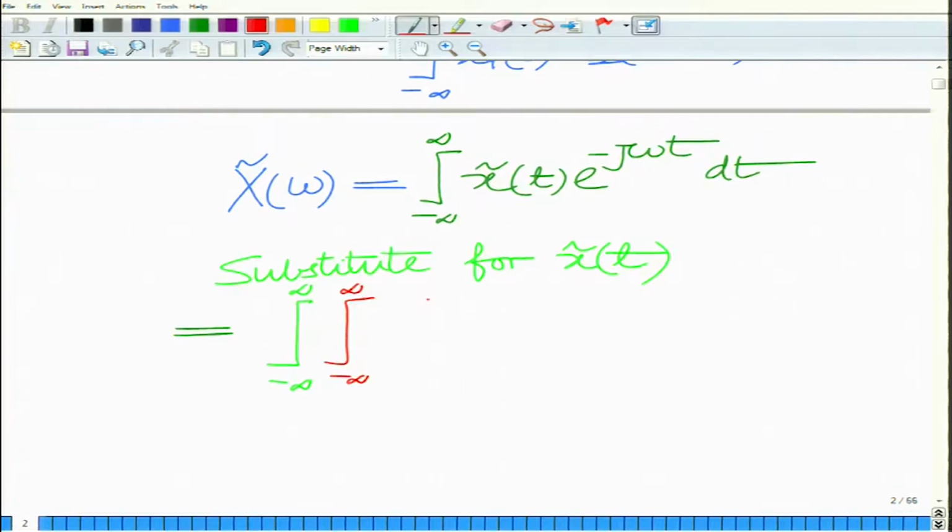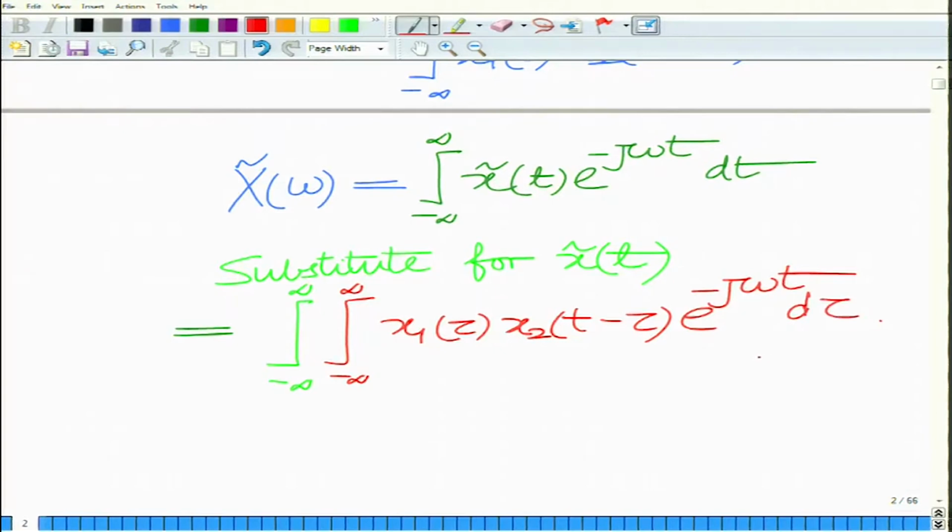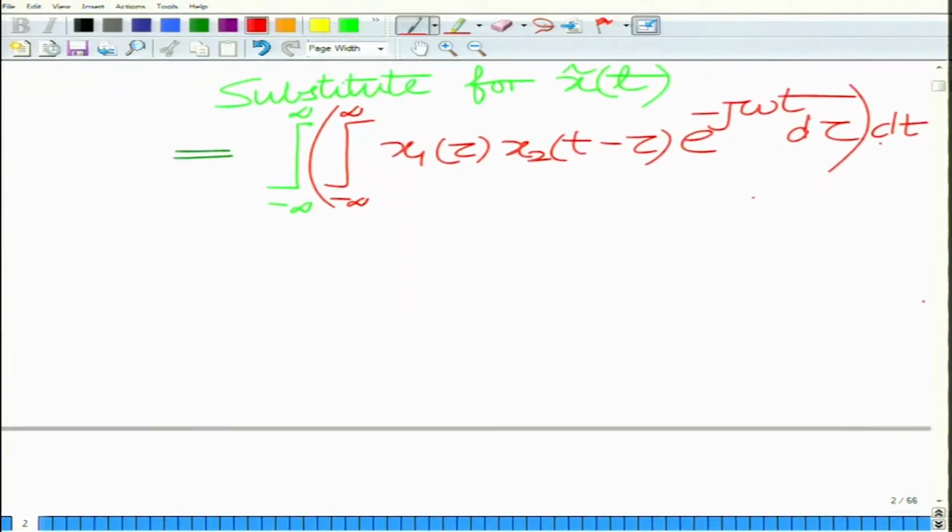Now, x tilde t will be x1 tau x2 t minus tau, times e raised to minus j omega t d tau. The inner integral is with respect to tau, and the outer integral is with respect to t.